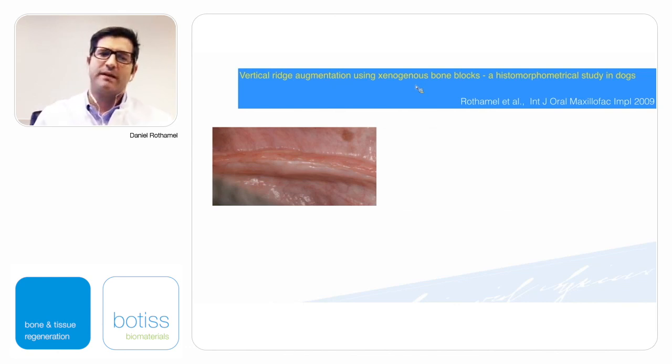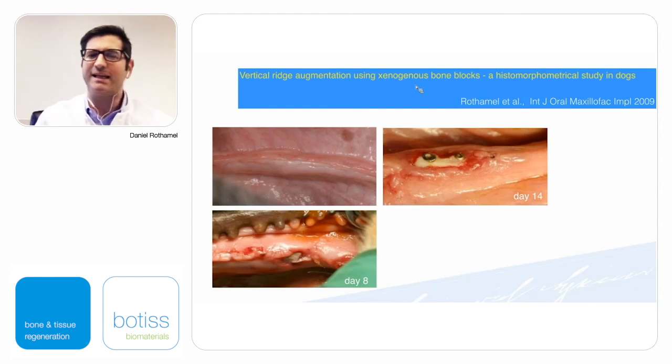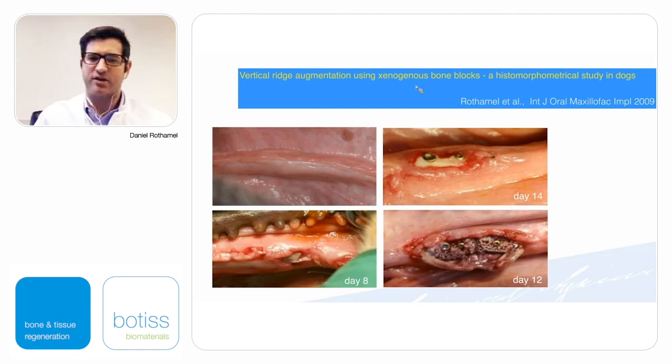And also in a vertical augmentation study, you see a complication of autogenous bone block that was used for vertical augmentation at little dehiscence over a cross-linked collagen membrane that was used as a barrier for xenogenic bone blocks that were used for vertical augmentation.